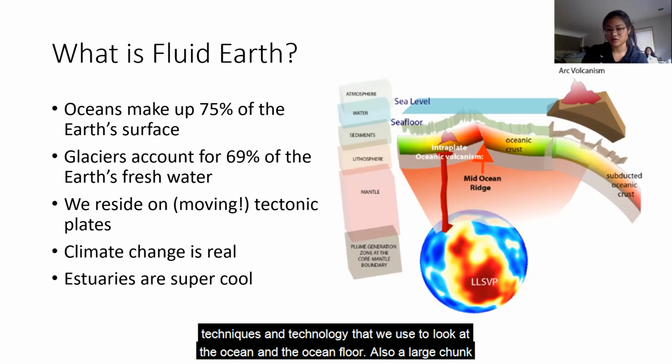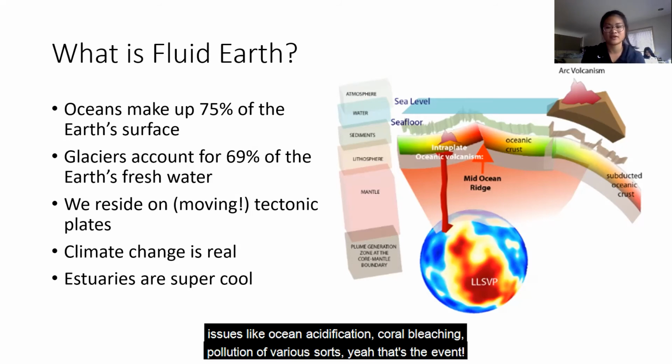And then also a large chunk, towards the end, is climate. So we'll be talking about climate change with respect to oceans and other modern issues like ocean acidification, coral bleaching, pollution of various sorts. And yeah, that's the event.